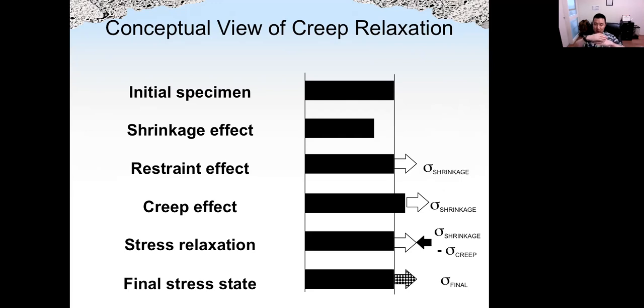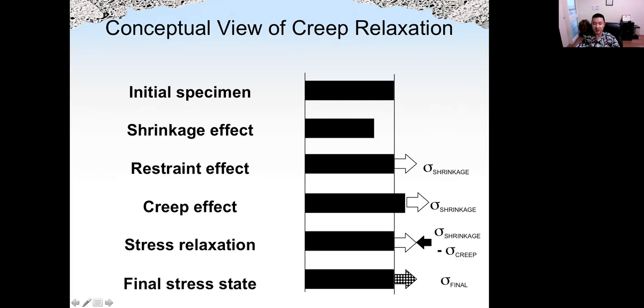Okay, but the stress will cause the concrete to creep, which means if it is tensile stress, the concrete will become longer. Then we have a smaller stress level because the stress will somehow relax. So the final stress is equal to the stress due to shrinkage minus the stress relaxed due to creep.